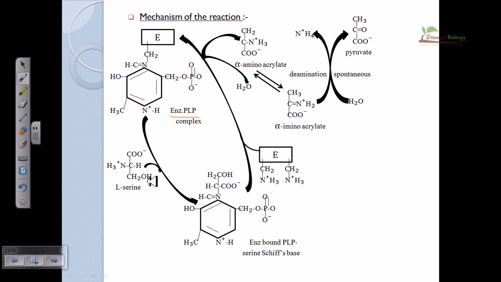As you can see in this picture, this is the enzyme, this is the group, and PLP is holding this structure. And then the enzyme will revert back to its normal conformation, leaving this L-serine into the alpha amino group.